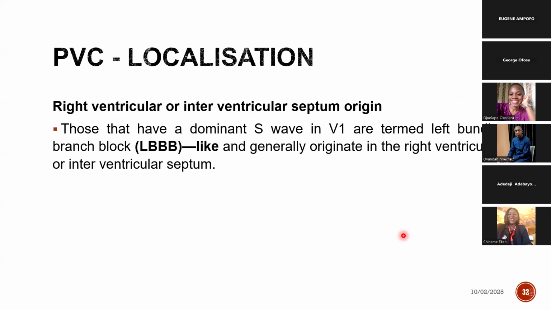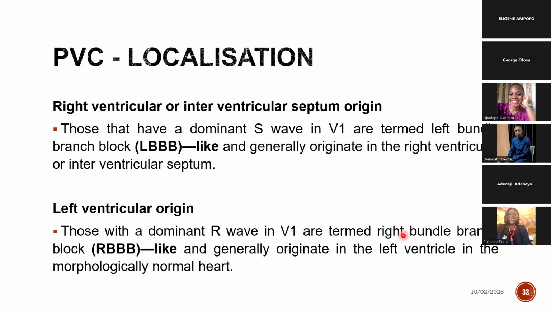So if the site generating these impulses is in the right ventricle, ideally it will depolarize the right ventricle first before going on to depolarize the left ventricle, and this will mimic a left bundle branch block. So if you see a left bundle branch block pattern, which will usually show as a dominant S in V1, then it's most likely that the PVC is coming from either the right ventricle or the interventricular septum.